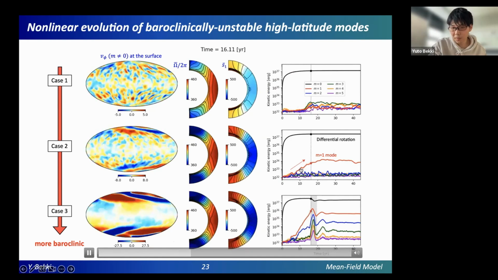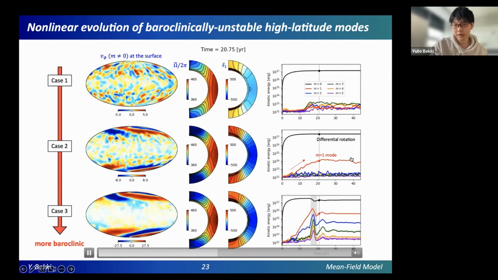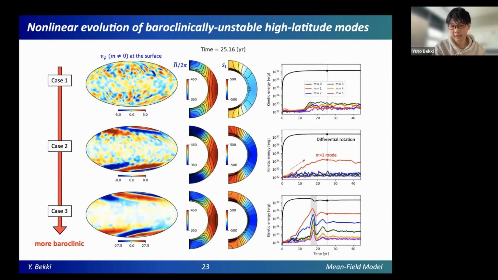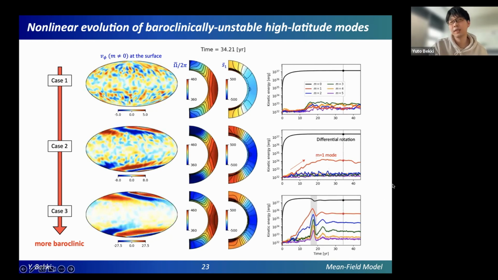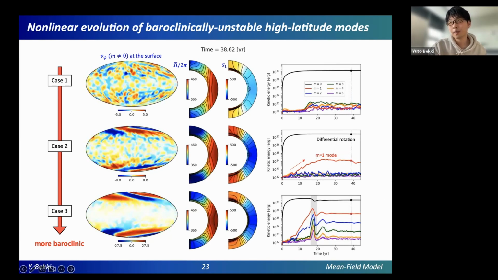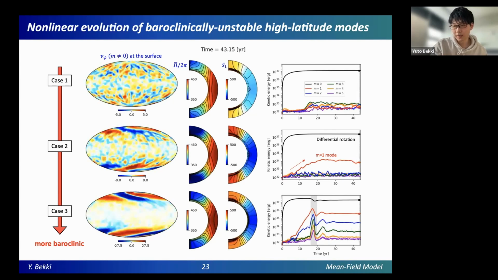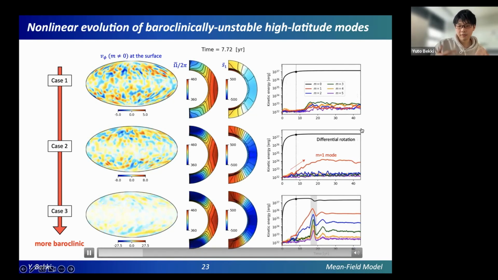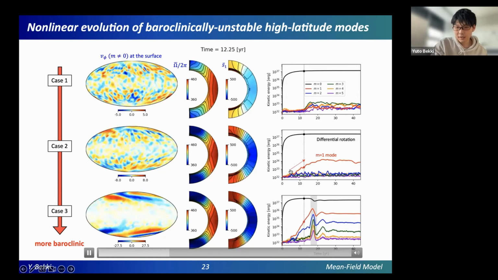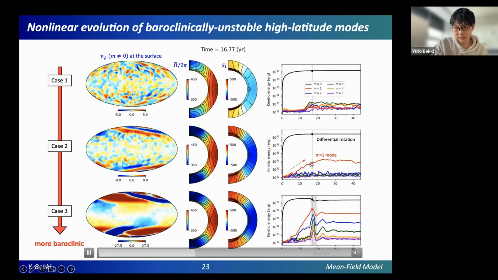So the m=1 mode now pops up because it is baroclinically excited. But its amplitude is still too weak compared to the mean state, so it just saturates at some point.